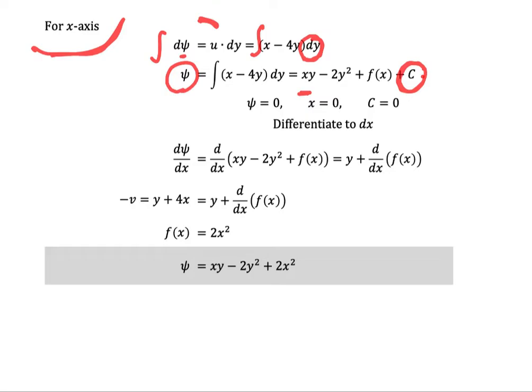Another constant that needs to be added here is the constant from the x element, because we are integrating with respect to dy, so if we have a component of x, it is also treated as a constant.